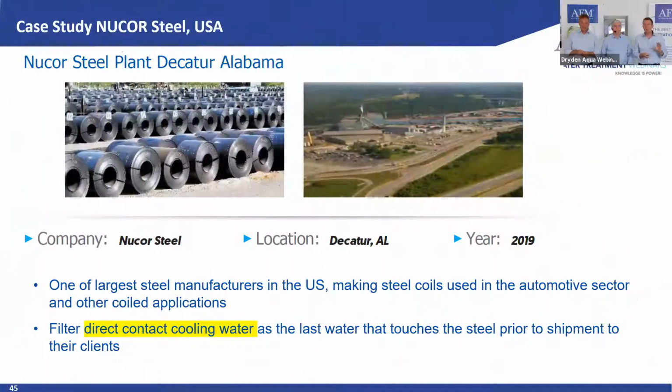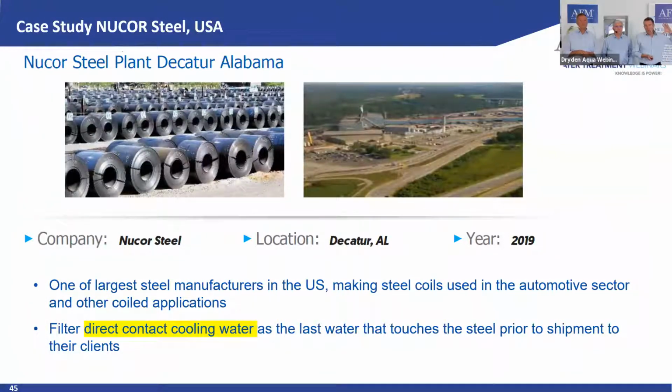This is a project we completed 2 years ago together with our partner in the US. This was for Nucor Steel. Nucor is one of the 2 largest steel manufacturers in the US. They're making mostly steel coils. And the application was direct contact cooling water.